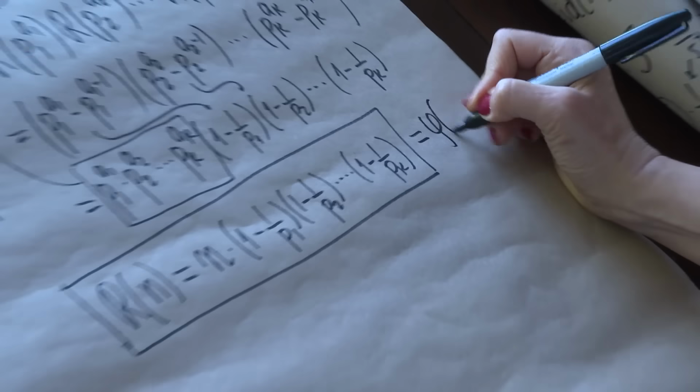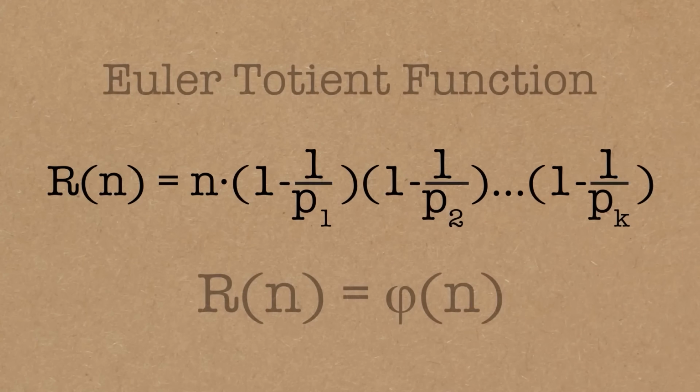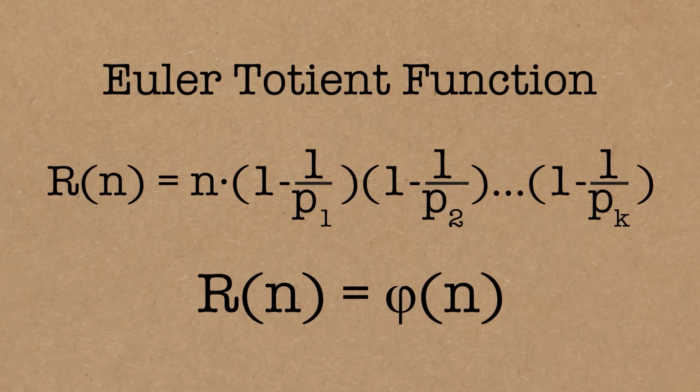Some of you may already start recognizing this as a formula of another famous function called the Euler totient function. And it is. That is precisely equal, from a different direction, to that Euler function. So it turns out that our Raffle function was nothing more, nothing less than the Euler function.